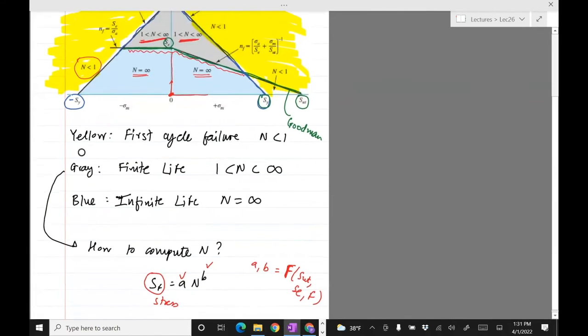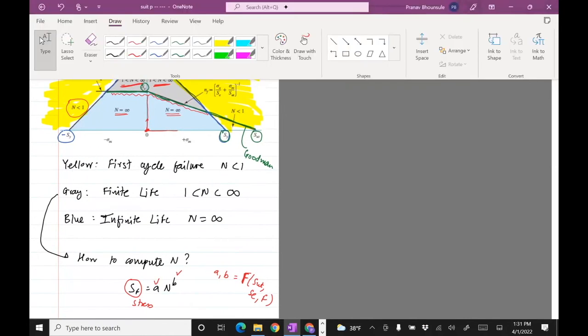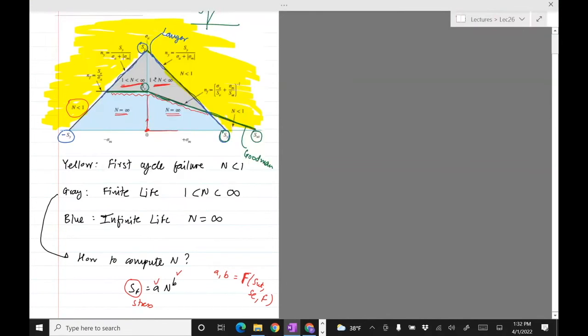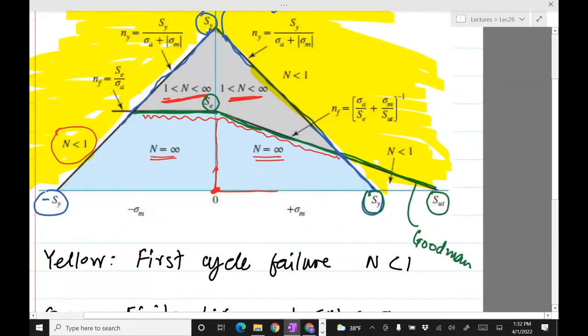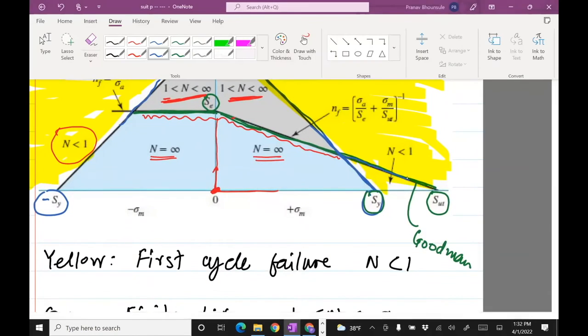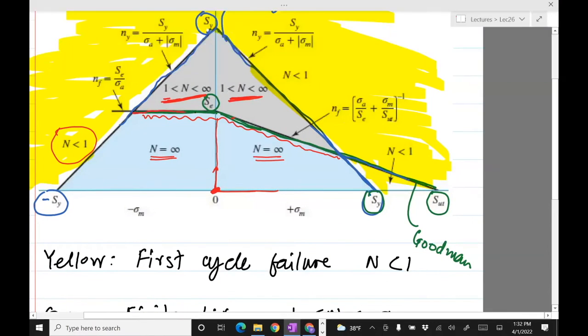Now, there's something interesting going on here which should be mentioned, right in this region. If you want infinite life, you're going along the Goodman line, but then there's this region where it's the Langer line which tells you infinite life. The Goodman line says it's going to fail here in fatigue loading, but once you reach this point, it's going to fail due to uniaxial loads.